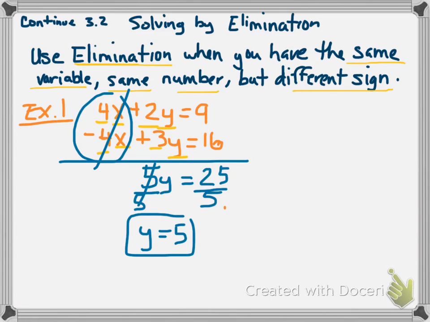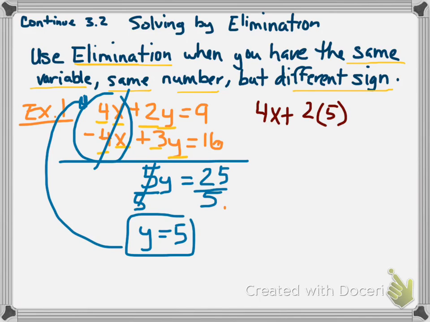So you have found one answer, and just like in substitution, we have to plug it back into one of the original equations. So we're going to plug in the 5 into, I always like to go for the first one. So this is 4x plus 2 parentheses 5 equals 9. From there we have to work with it. The 4x comes down, 2 times 5 is 10, and it continues to be equal to 9.